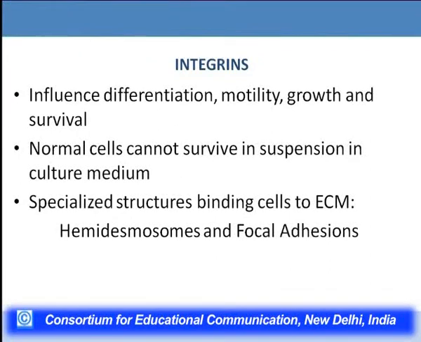Integrins are very much required for influencing differentiation, motility, growth and survival in cells. The normal cells, when they grow in culture, cannot survive unless they are bound by integrin to the base of the plate.